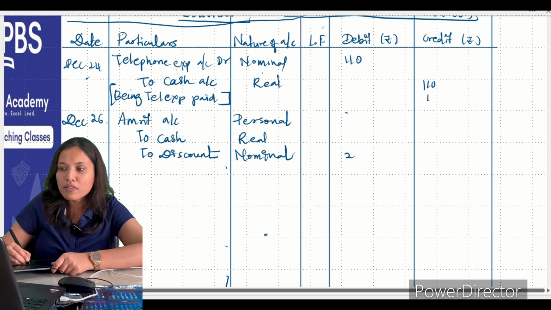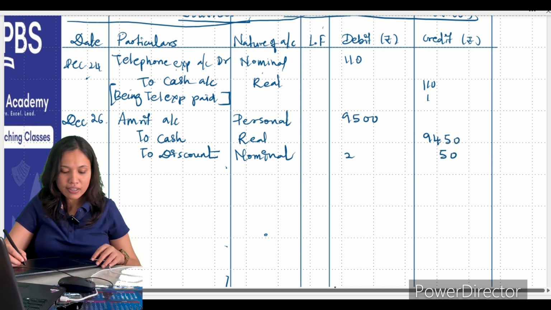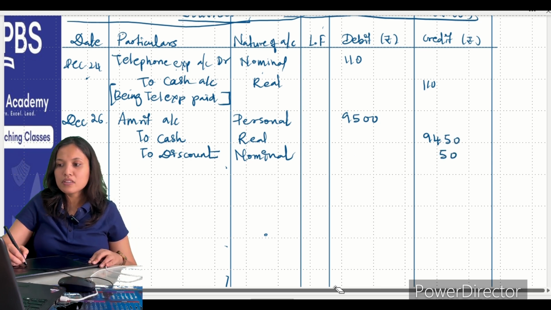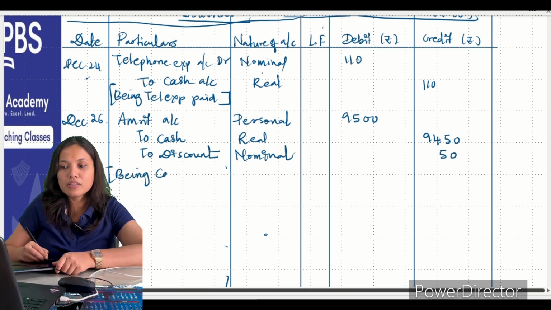How much we are supposed to pay him? 9,500, but we have paid him cash of 9450 and we are enjoying a discount of 50 rupees. Correct? So write down being cash paid to Amrit in full settlement.